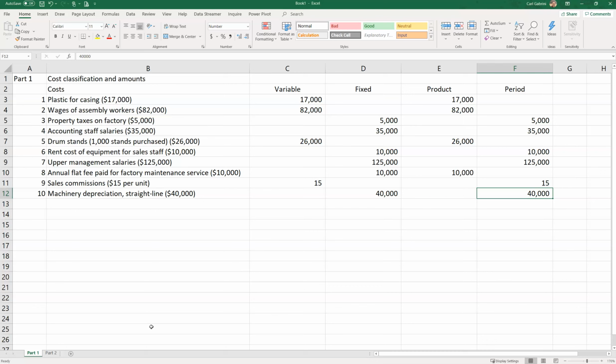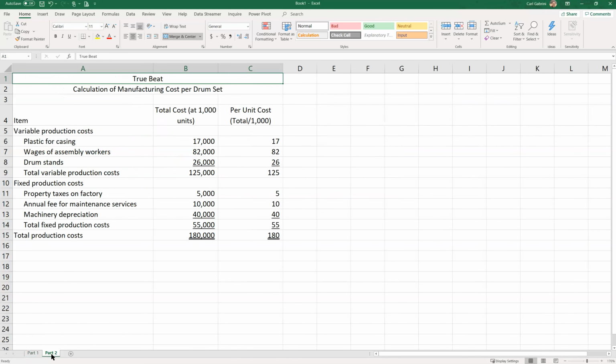In this case, no, it's not product. It's a period cost. So you can have period costs that are variable, and you can have product costs that are fixed. To figure out your production costs, you want to find those items that are tied directly to the product. The other costs are operating expenses that will show up below the manufacturing costs.